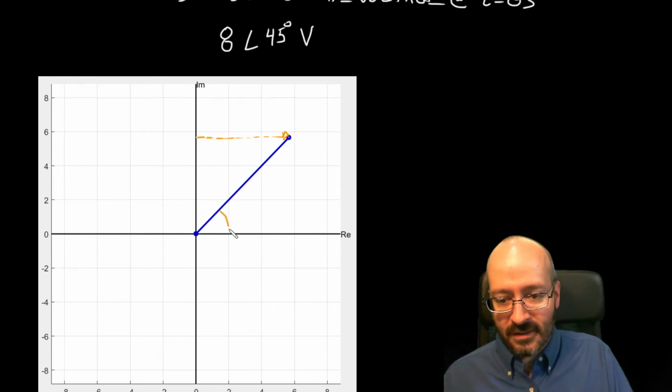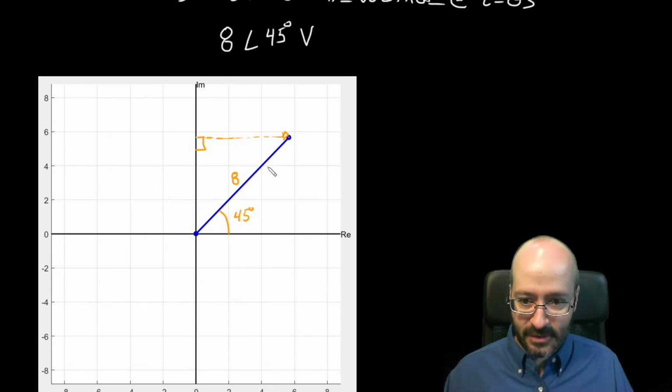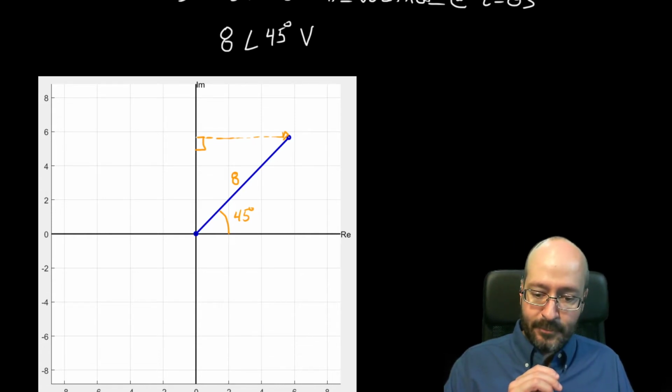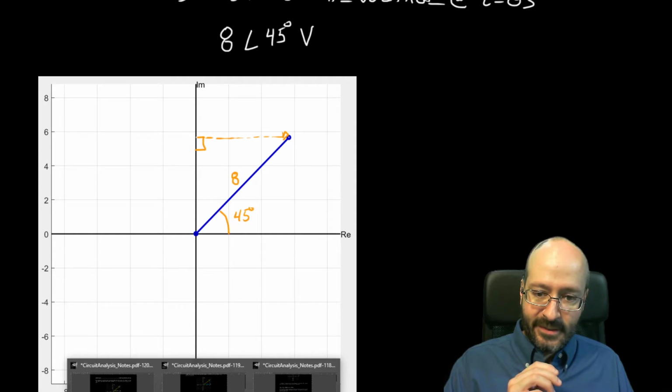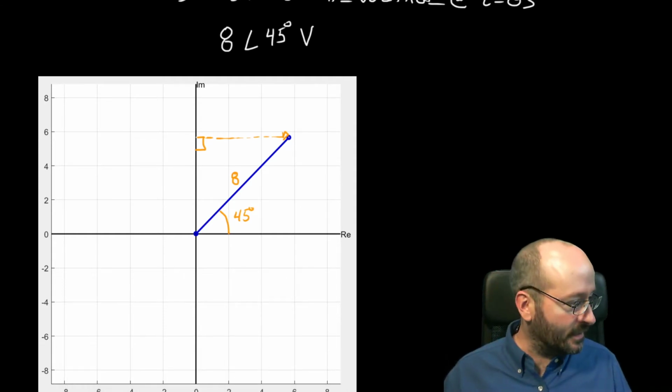So if this is 45 degrees and this is 8, and this forms a nice right triangle, then we can figure out what this length is, and that's going to be the voltage at t equals 0. So let's try to do that.